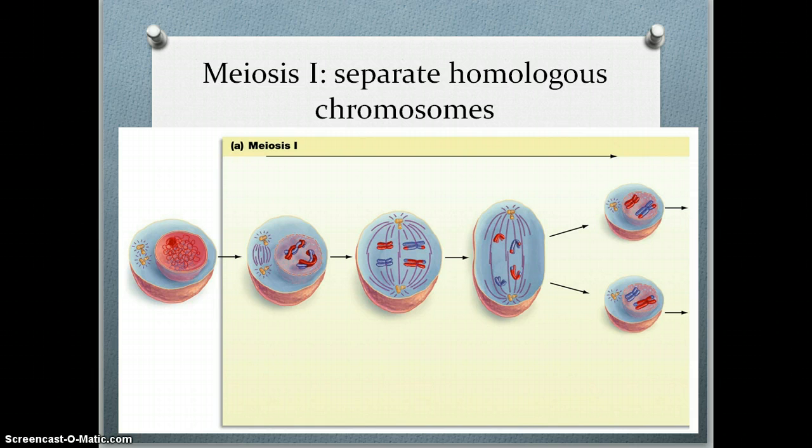So you're going to start with a diploid cell in interphase. So this is going to be interphase. Okay, this is 2N. Then the cell is going to go into prophase.